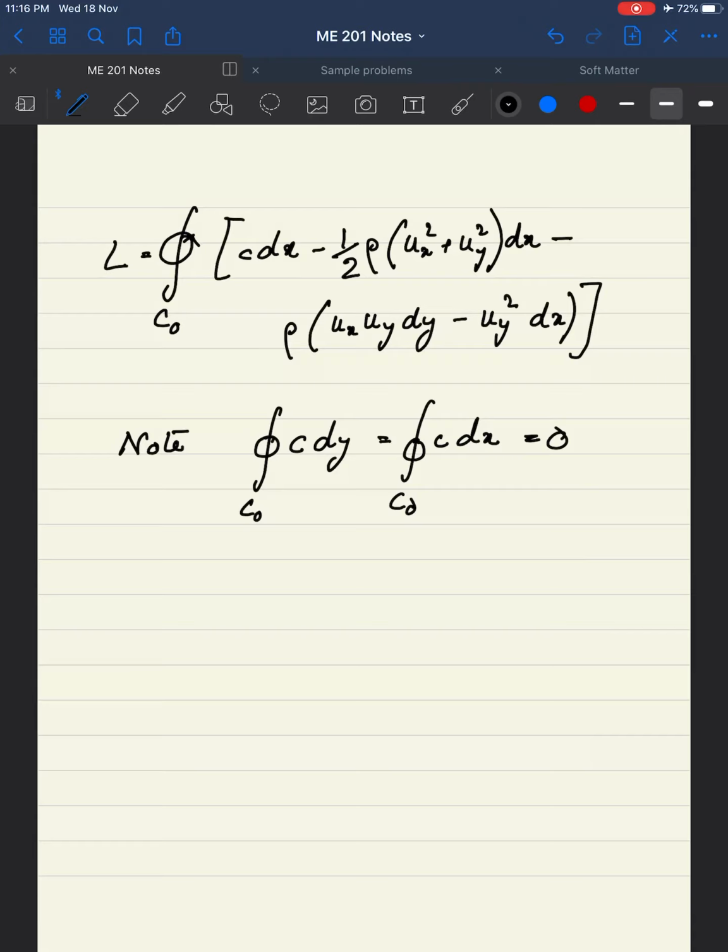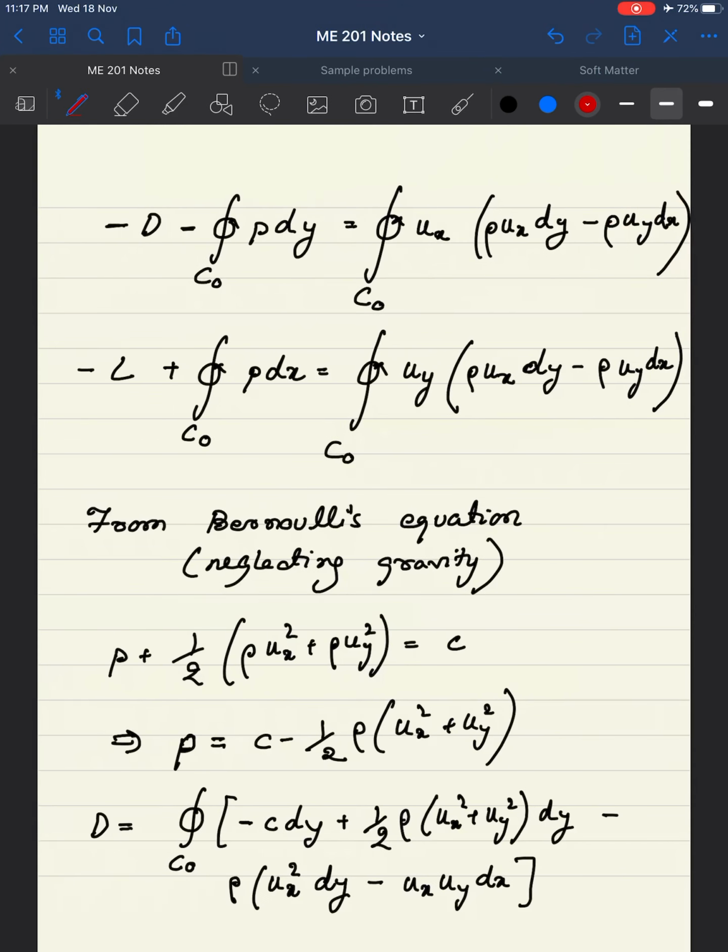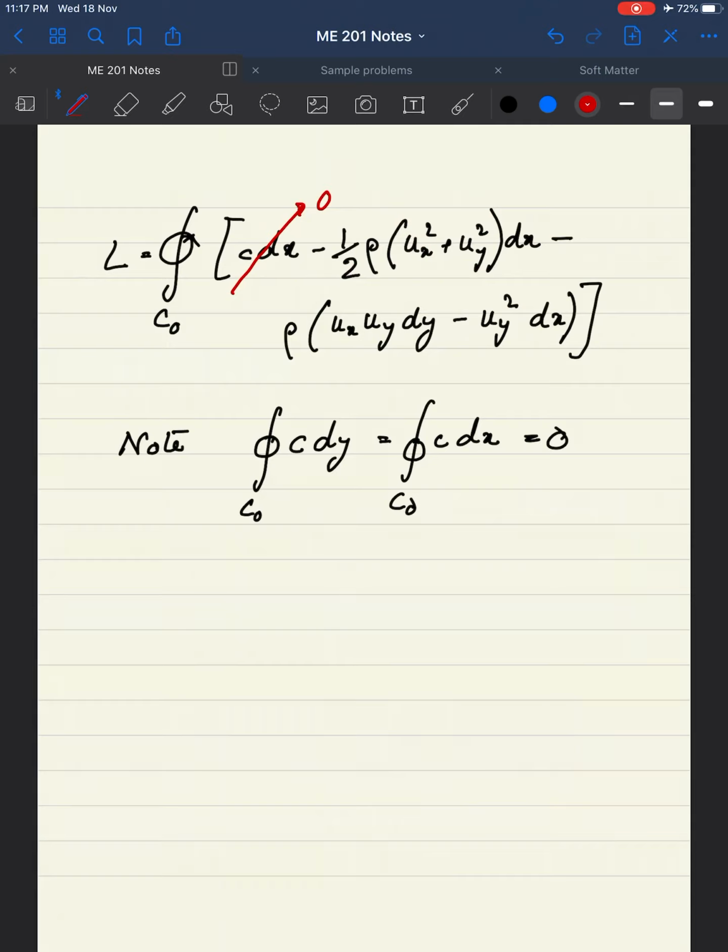Okay, so your first term can be neglected in both cases. So that equation simplifies a little bit.